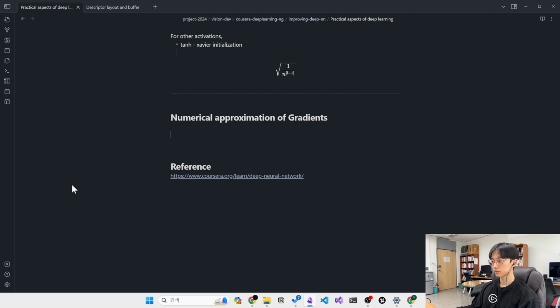It turns out that rather than taking this little triangle and computing the height over the width, you can get a much better estimate of the gradient if you take this point, f at theta minus epsilon, and this point, and you instead compute the height over width of this bigger triangle.